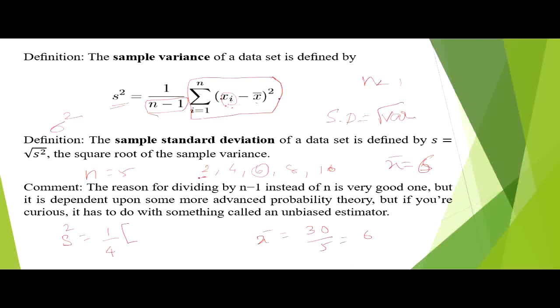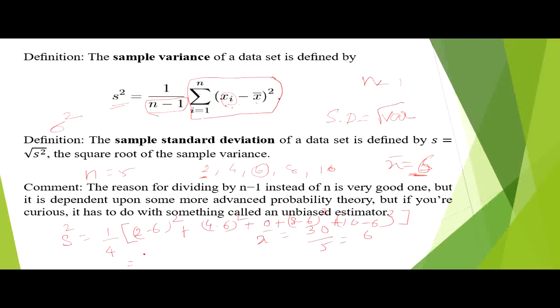So first element minus the mean: 2 minus 6 whole square. Second element: 4 minus 6 whole square. Third element: 6 minus 6 whole square is 0, plus 8 minus 6 whole square. Finally 10 minus 6 whole square. Now if you calculate this, you get the variance.